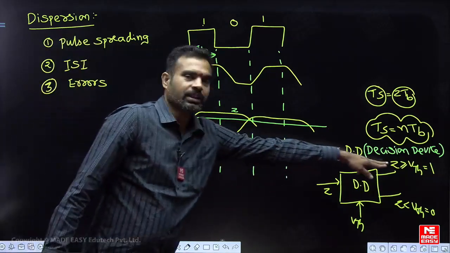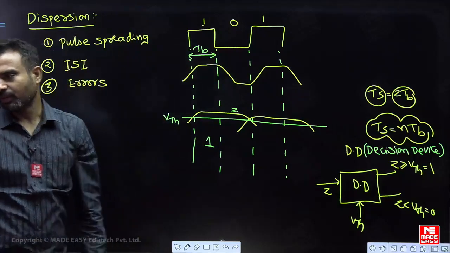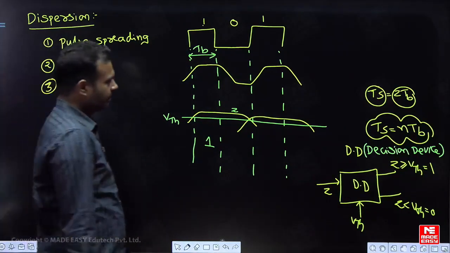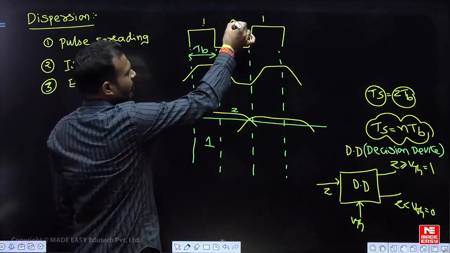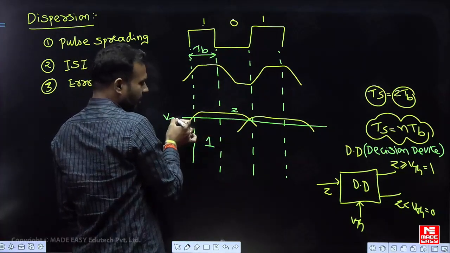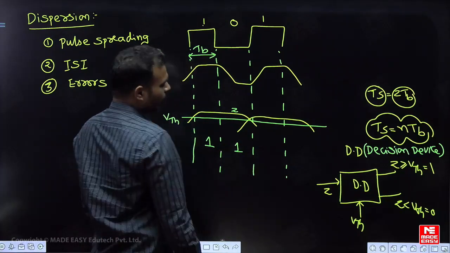Z is greater than or equal to VTH, decision in favor of 1. Next, we are talking about the 0 bit here. See, Z is greater than VTH, then obviously it is also taken in favor of 1.